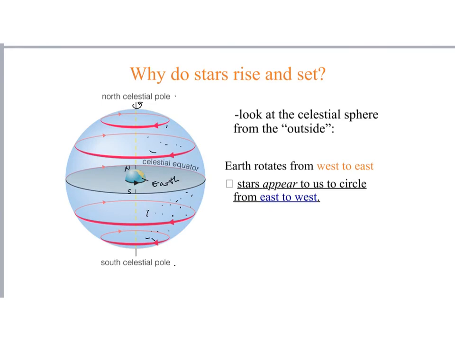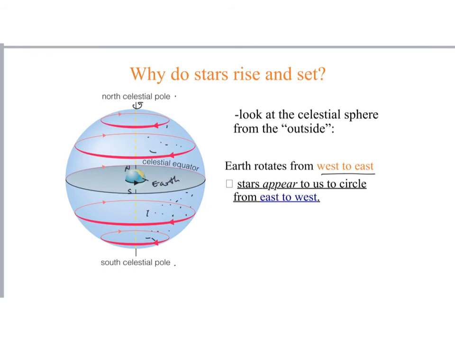What do you think is going to happen? Because the Earth rotates from west to east, the stars will appear to us from Earth to circle from east to west. That's all there is to it. It's because of the rotation of the Earth, the spinning of the Earth around its axis.